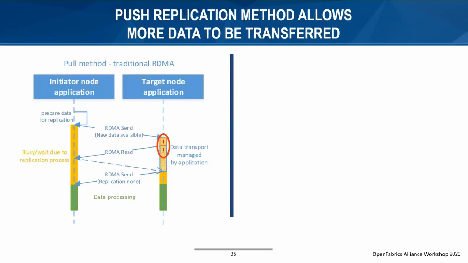So there are two most common ways to move data between two nodes when we talk about persistent memory and also other replication technologies.